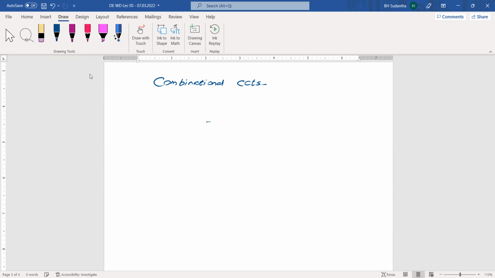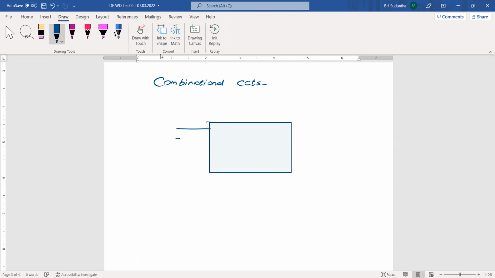Actually, what is a combinational circuit? When you consider a combinational circuit like this, it has several input lines and multiple output lines also. It is a multiple input, multiple output circuit.